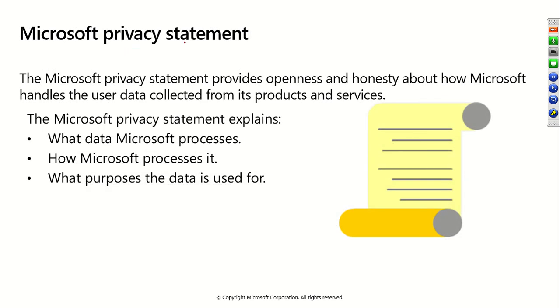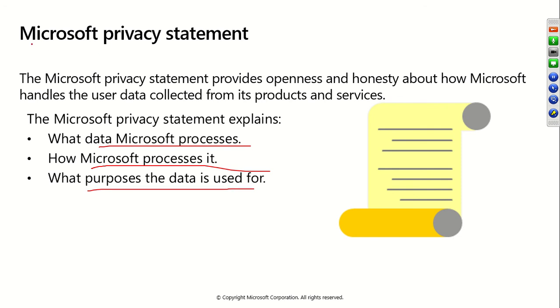Microsoft privacy statement. Microsoft also provides you openness and honesty, so you can read their privacy statements, which will tell you what kind of data Microsoft is processing, how Microsoft is processing it, and the purpose your data is being used for.